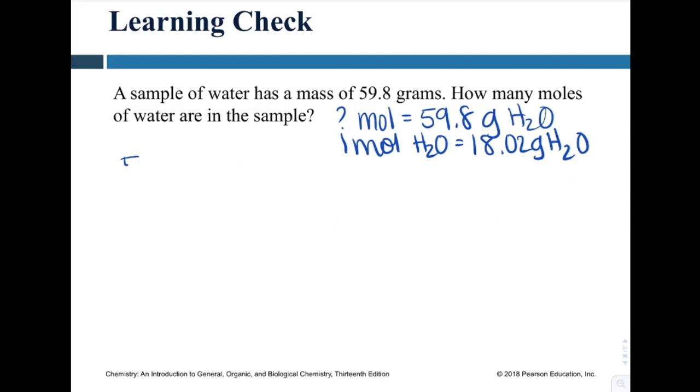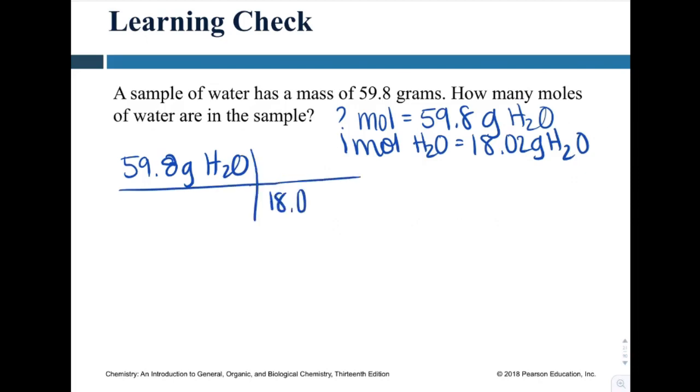And I can use this as a conversion. I can say 59.8 grams of water. Grams are going to cancel, so they're going to go on the bottom. 18.02 grams of water is equal to 1 mole of water.